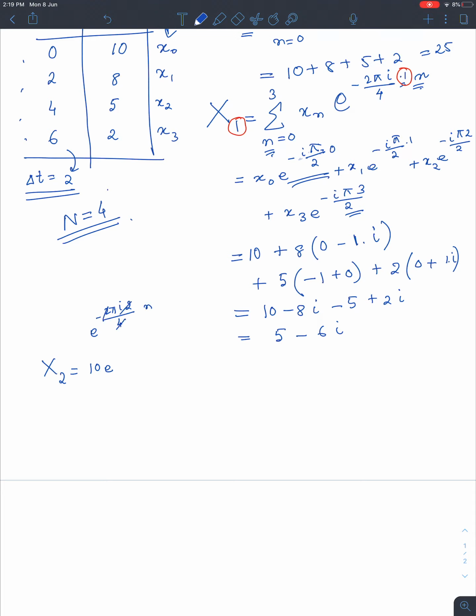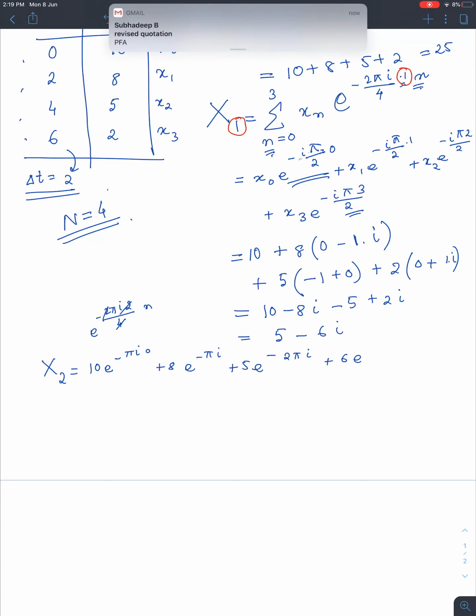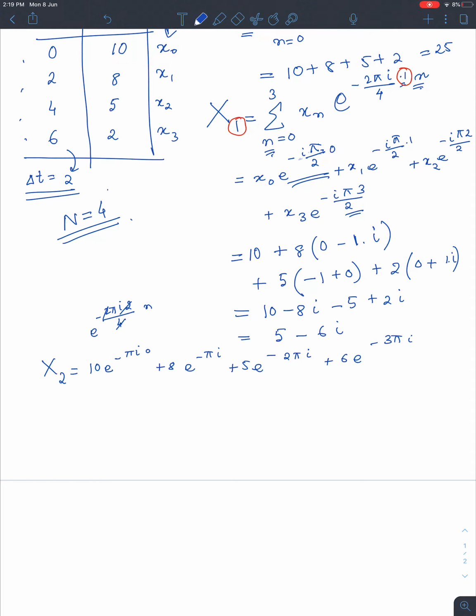So e to the power minus pi i into 0 plus 8 e to the power minus pi i plus 5 e to the power minus 2 pi i plus 6 e to the power minus 3 pi i. So that is giving us 10, and we know cos of pi is 1 and sin of pi is 0.